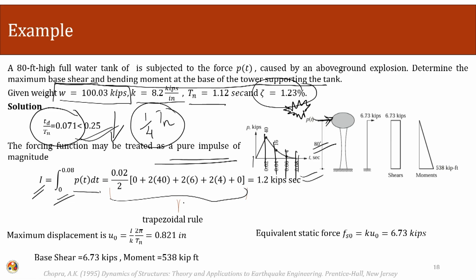Using the trapezoidal rule, the total impulse comes out to be 1.2 kip-seconds. Then the maximum deflection using an impulsive type of loading is given by this equation, so maximum deflection becomes 0.821 inches.